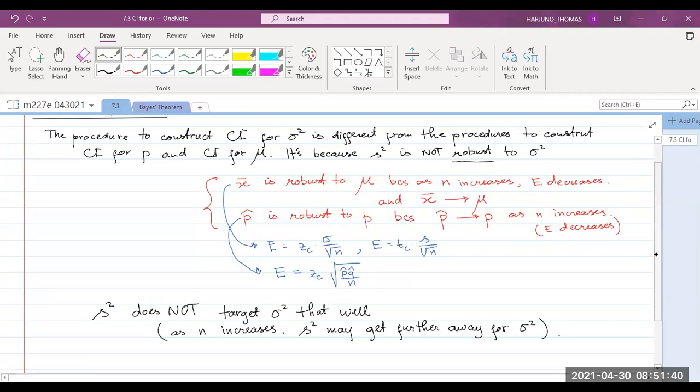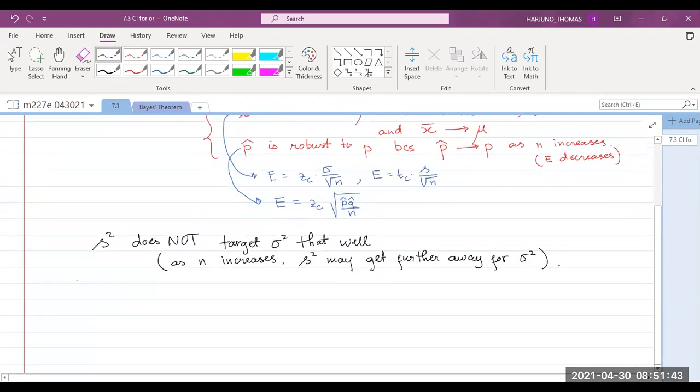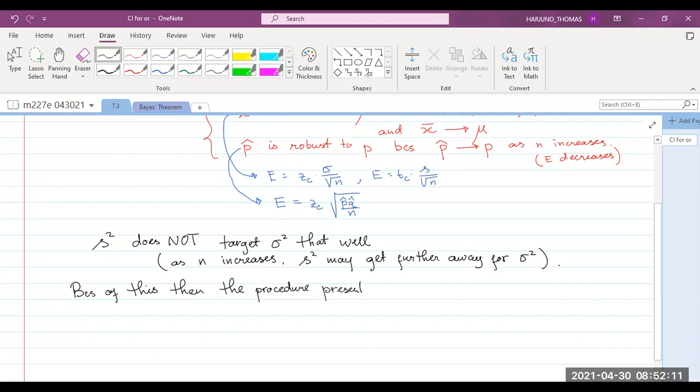Now, because of this fact, the procedure presented here may require a big n.